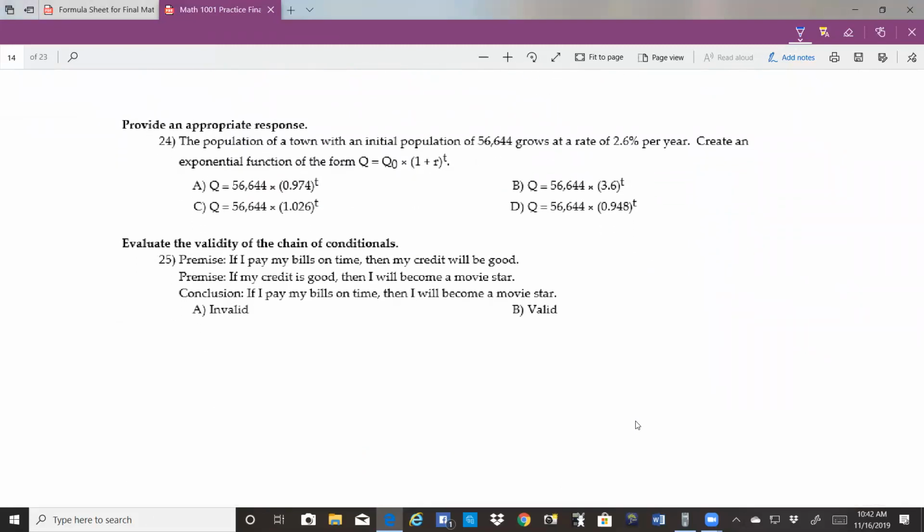Find the equation that represents the population of a town here. It has an initial population of 56,644. It grows at a rate of 2.6%. So R is 0.026.